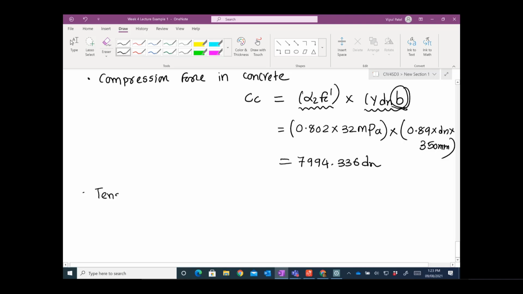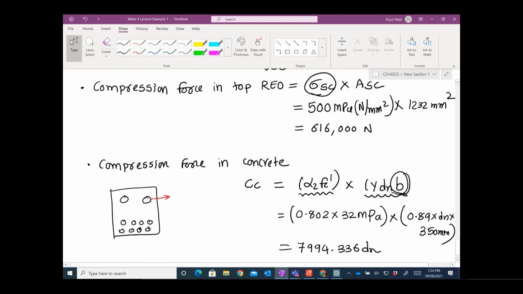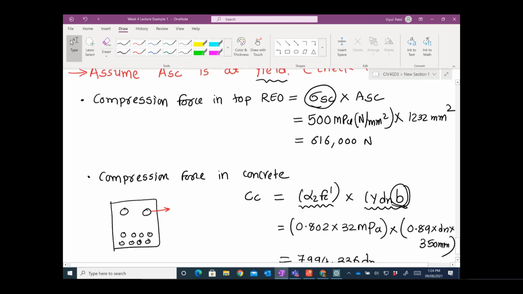Now, the tension force in the bottom steel. Basically, I'm just calculating: there is the top steel and there are 8 bottom bars. So this is the force which we calculated. Let's say this force is Cs.